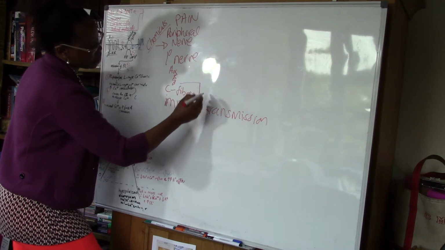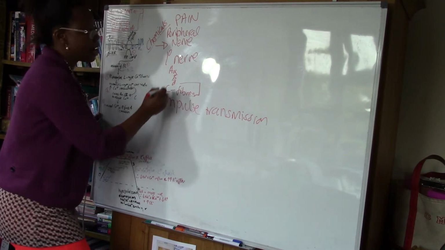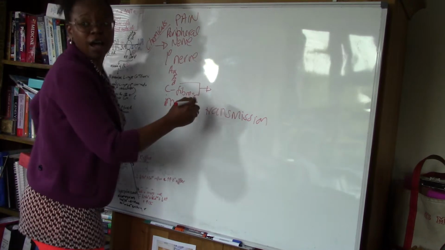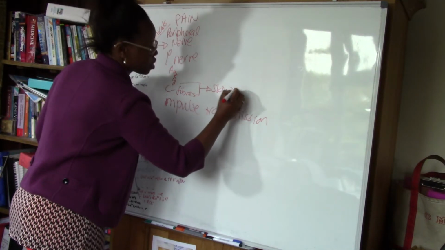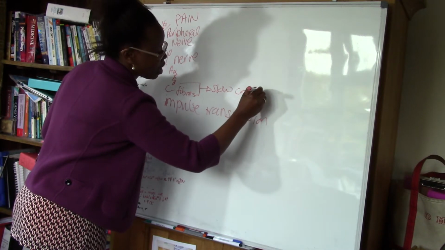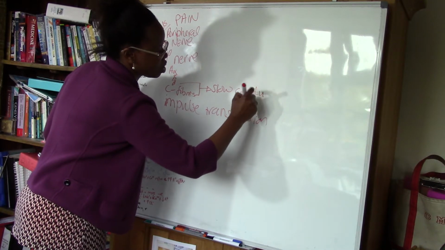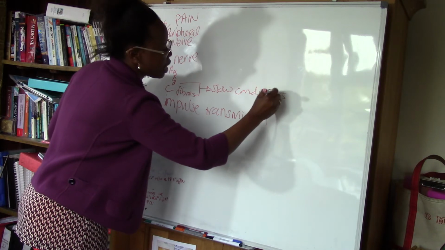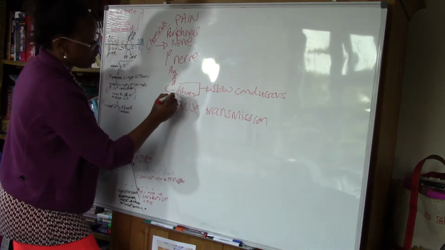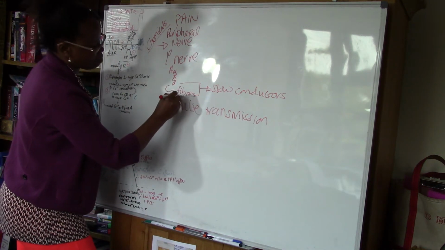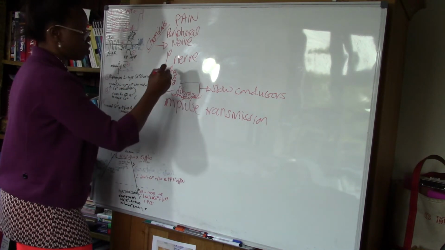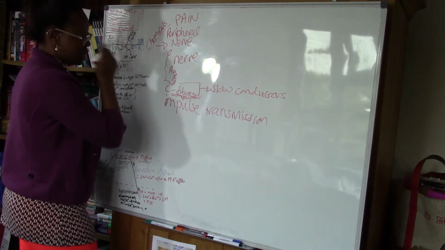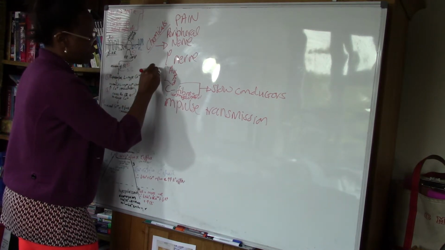C fibers and the A delta fibers are slow conducting fibers, and C fibers are unmyelinated. I think I covered this in the last section, so I'm not going to cover this in this section. And these ones are myelinated.